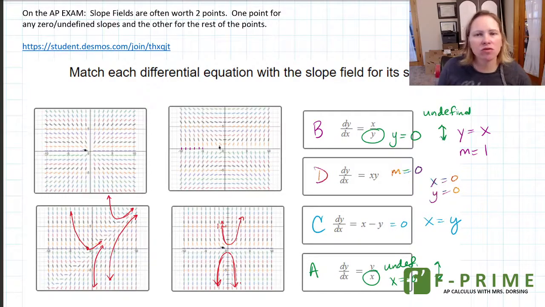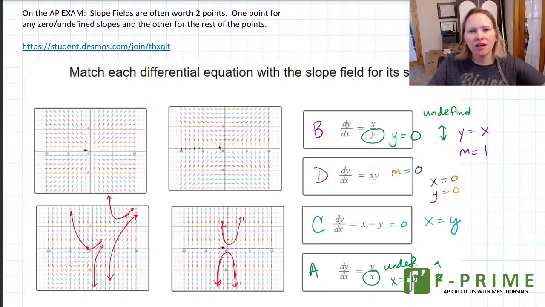Start with those zero slopes, start with undefined slopes, and then find one other place, look for where the slope might be 1, and use that to match it up. Because we saw here, as an example, that using just one criterion matched us with more than one graph. So we want to be careful and use as many criteria as we can to rule out answers that aren't actually the answer. So keep at it.